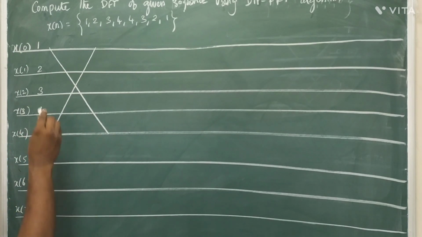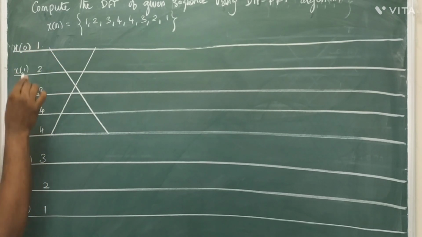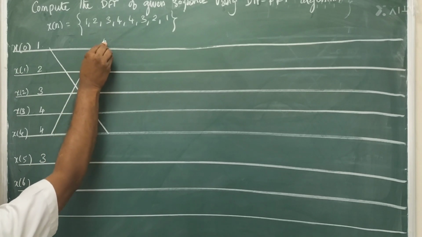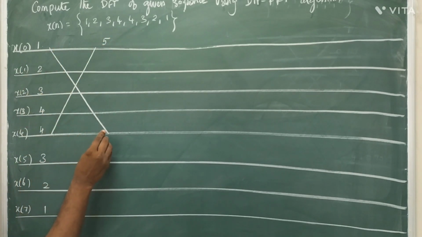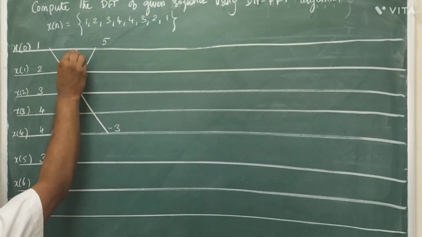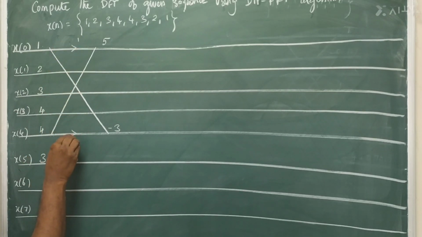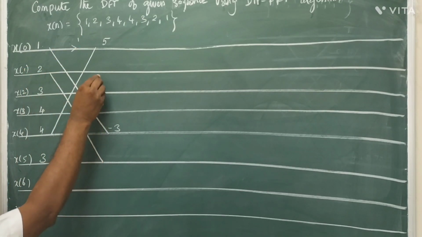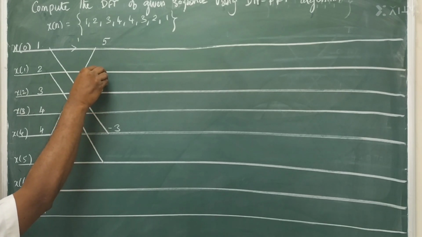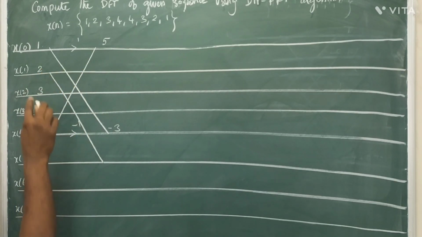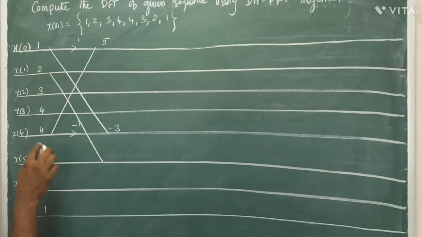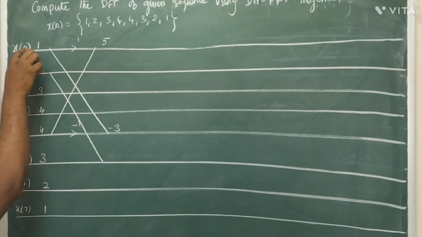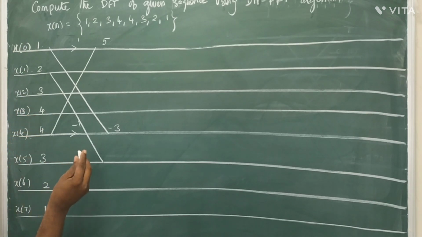You just add and subtract: 1 plus 4 is 5, 1 minus 4 is minus 3. That is the addition and the subtraction. This is x of 0 and x of 4.